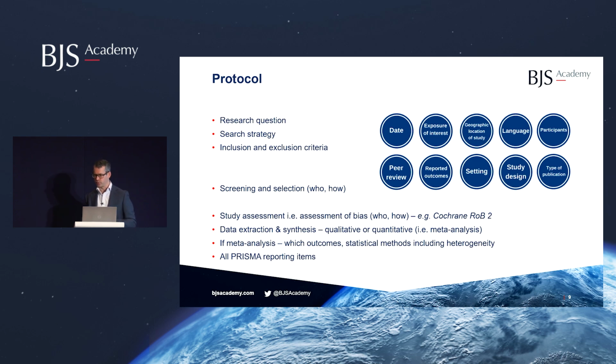And then meta-analysis, which I'm not going to talk about too much today, but effectively that's the quantitative data synthesis of your systematic review. Now, what I could have just said is stick to PRISMA. PRISMA is Preferred Reporting Items for Systematic Reviews and Meta-Analyses. Again, this is not about how to do a systematic review, in the same way that CONSORT isn't about how to do a trial, but in reality, it's going to give you a lot of clues about how to run a decent systematic review and then how to report it thereafter.